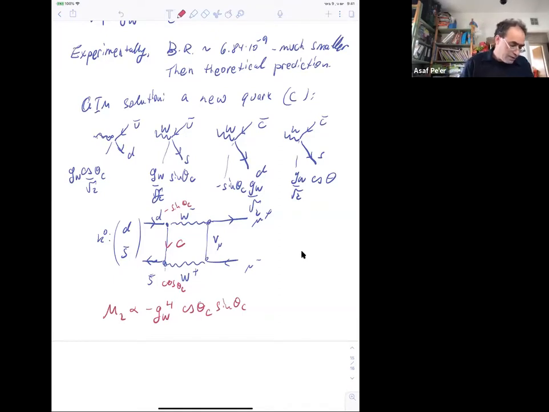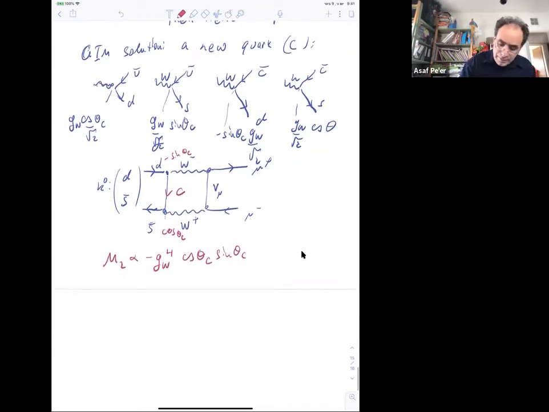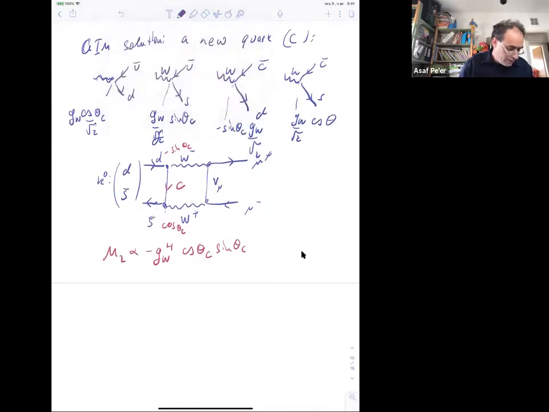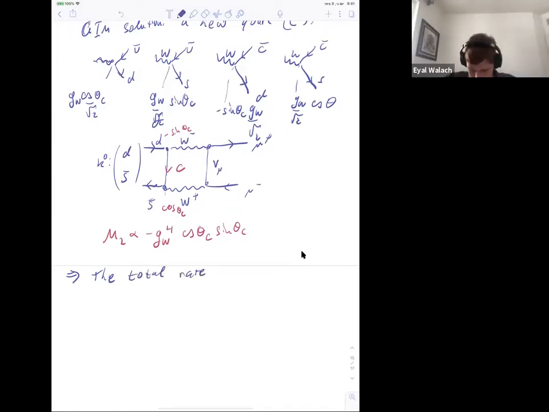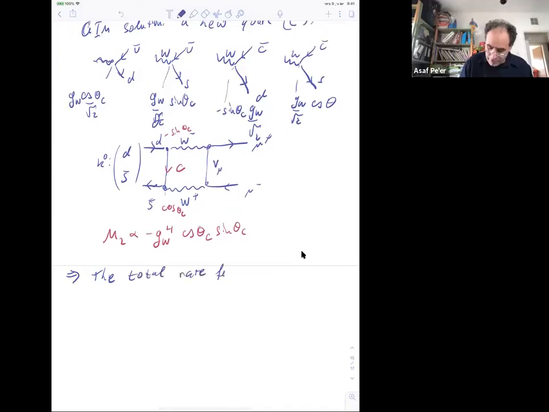But then the total rate for the K0 decay into a pair of mu plus mu minus should be proportional to M1 plus M2 squared, right?